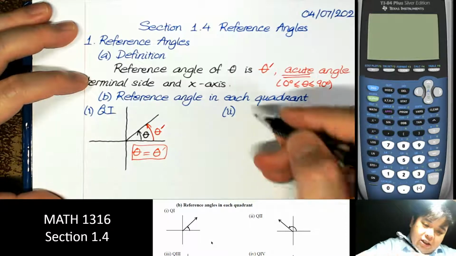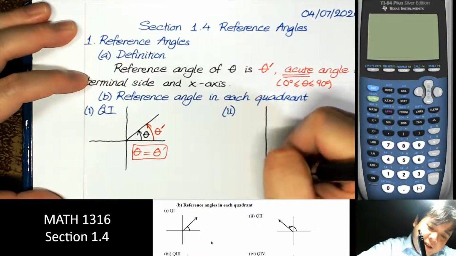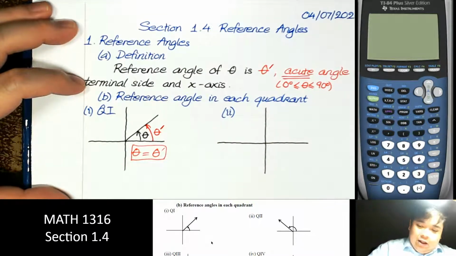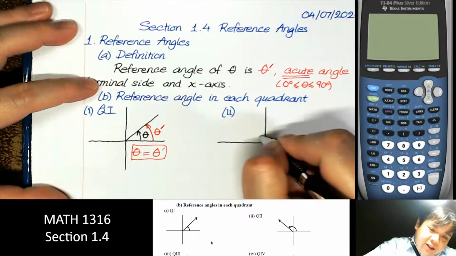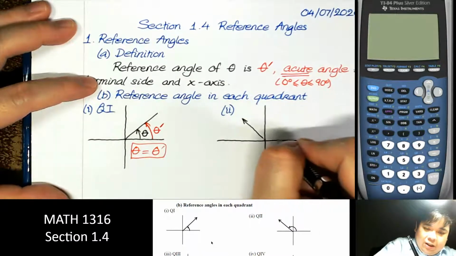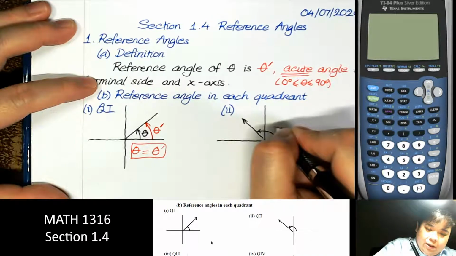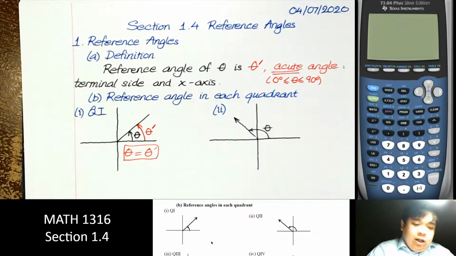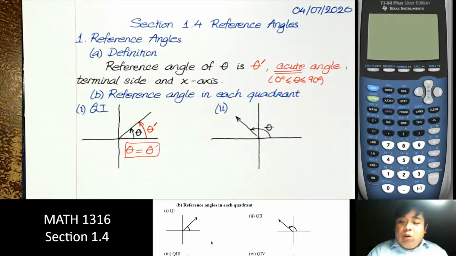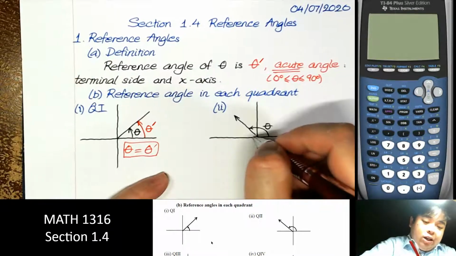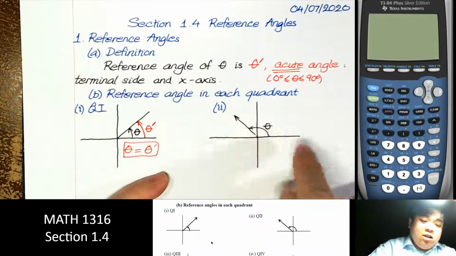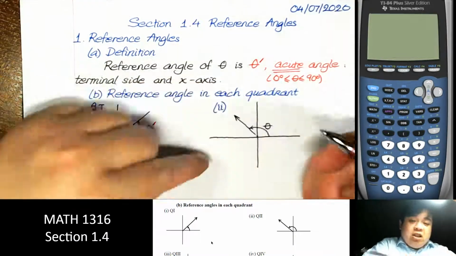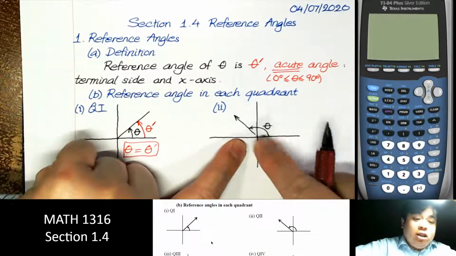On the second quadrant, a second quadrant angle is like that. Now what we're trying to form is an angle with the terminal ray and either the positive or negative x-axis, but it has to be acute. So the goal here is to make an angle using the x-axis, could be on this side or on that side, and the terminal ray.